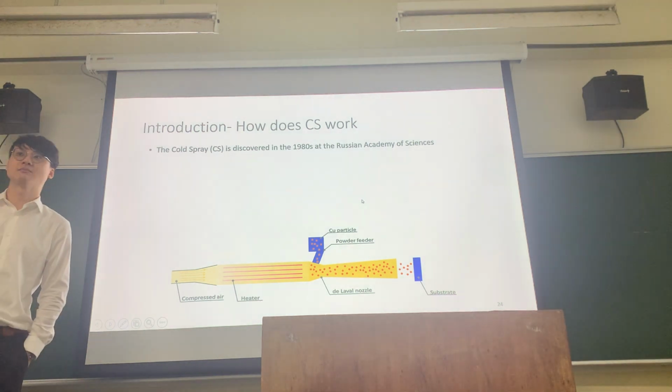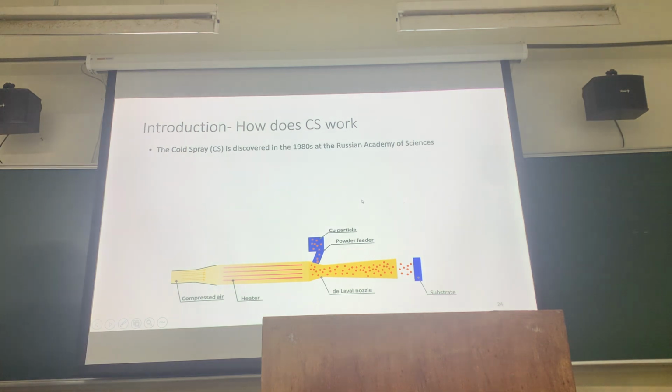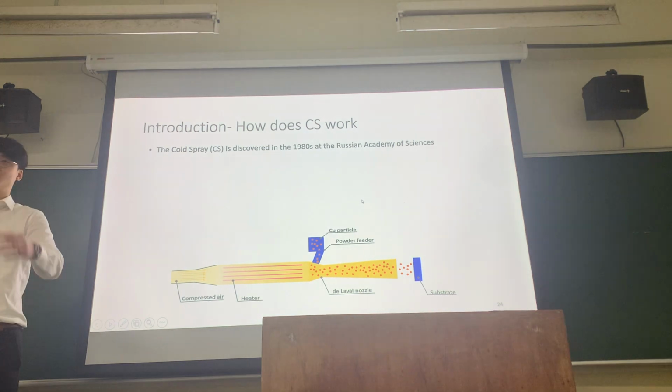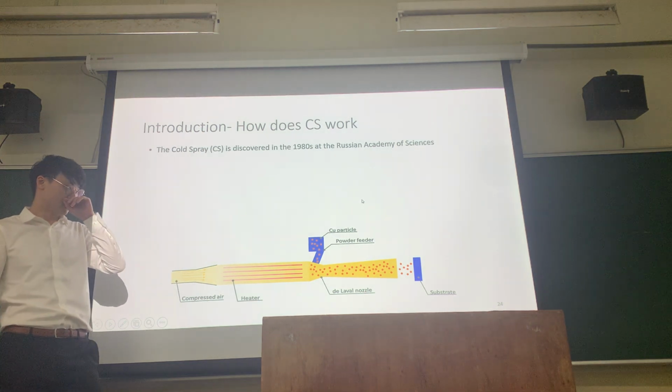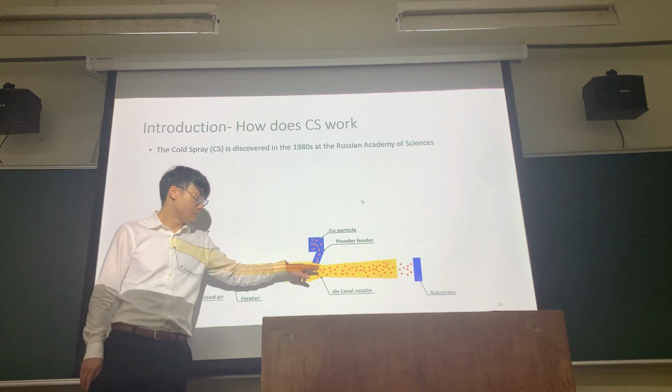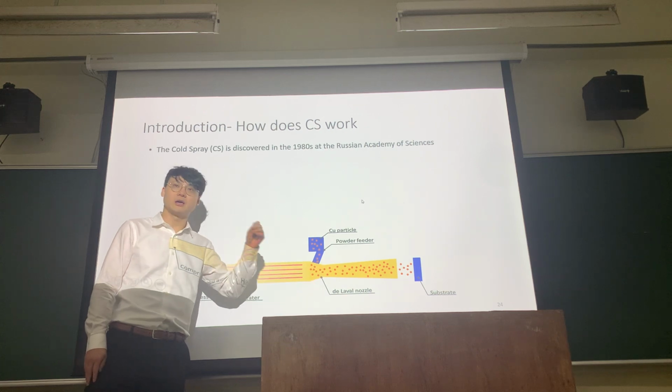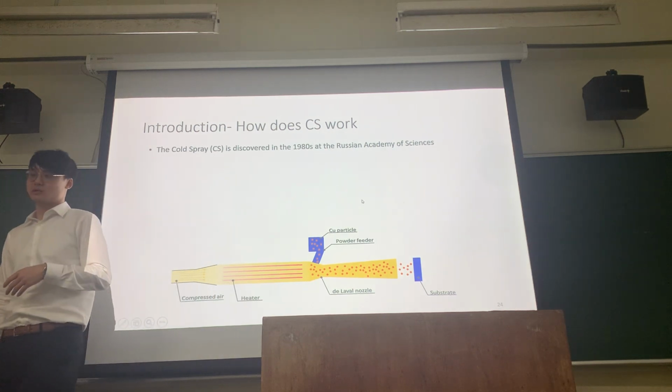So what happened in Russian engineering at the time is they built this nozzle. This nozzle is a convergent-divergent nozzle, also known as the Laval type nozzle.